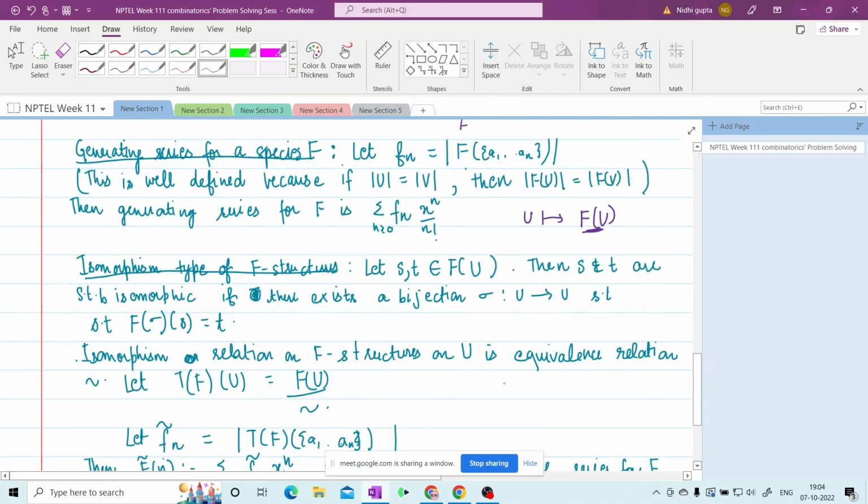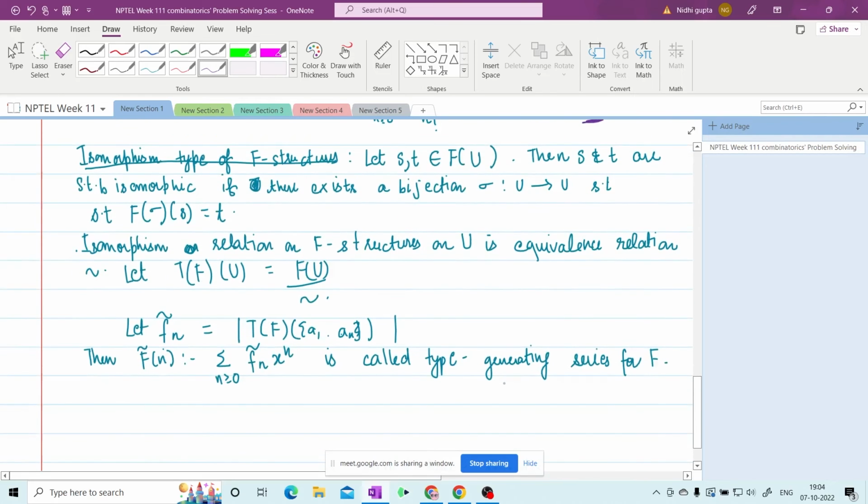So then we further define f tilde u to be the equivalence classes of these f structures, where the relation is given by the isomorphism relation, and fn tilde is the order of these equivalence classes of u, where u is an n element ordered set. The type generating series of f is given by the sum over n from 0 of fn tilde x raised to the power n, where the coefficient of x raised to the power n is fn tilde.